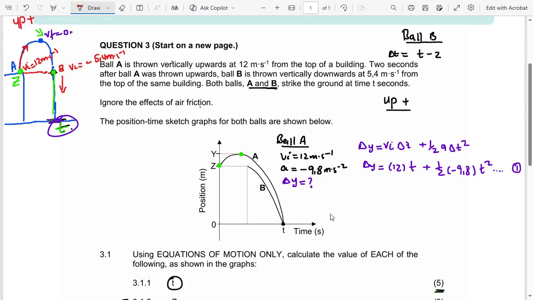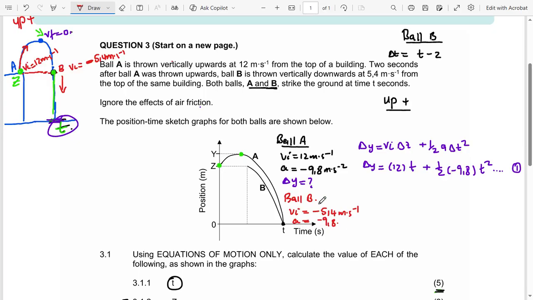If this is equation 1, then I'm going to do the same for ball B. I need the data for ball B. So for ball B, we know that the V initial of ball B, look at this, it's going down at 5.4, but we said down is negative. So it's going to be negative 5.4 meters per second. And then ball B will have an acceleration of negative 9.8.